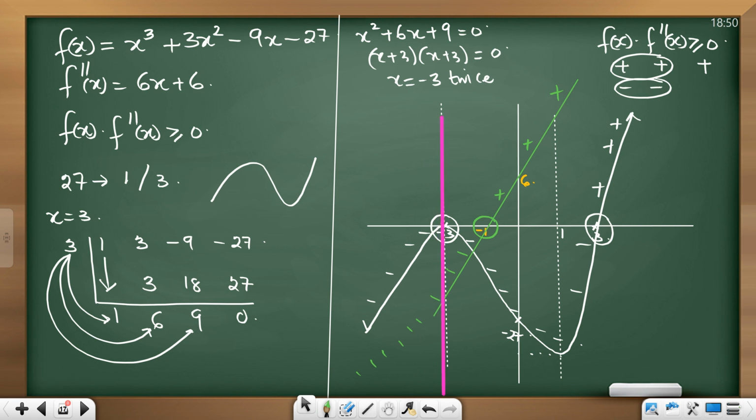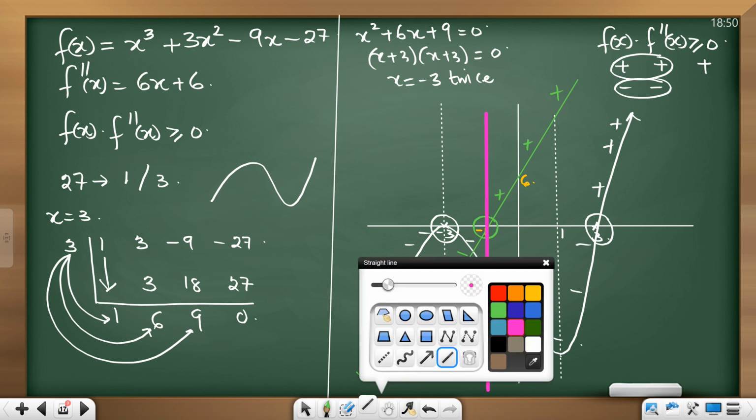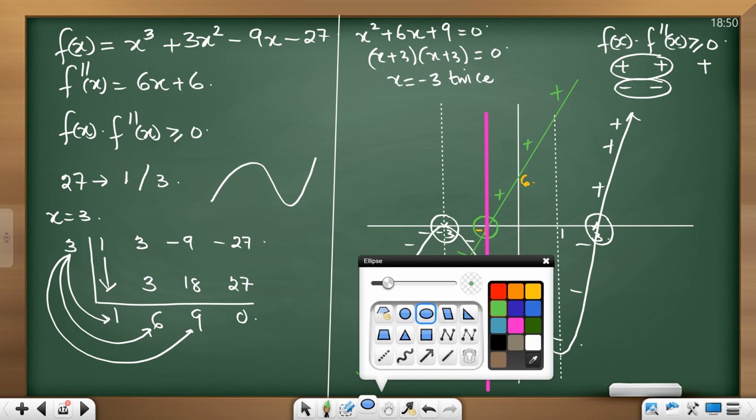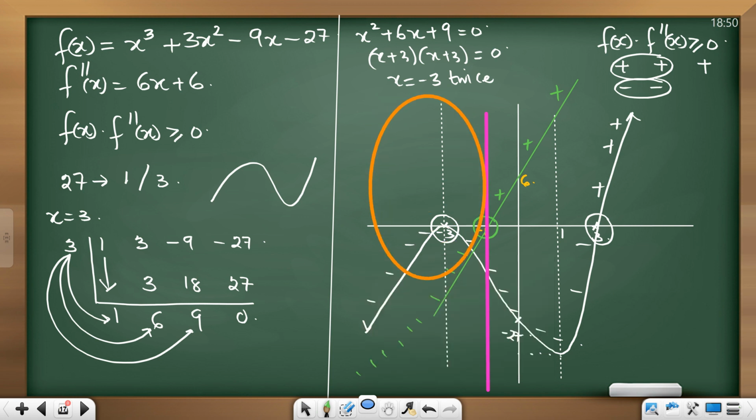But this zero is not going across, so it's still fine. Negative, negative, negative. I get to the next zero. See, that point is important. Why? If you check the green one, it changes from negative to positive. So all of this section would be part of my answer.